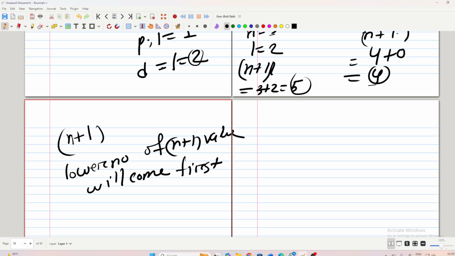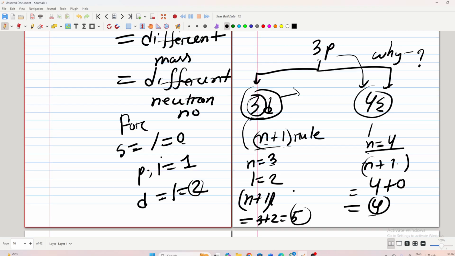What did I just say? The lower n plus l value will come first. So after 3p, why is 4s taken? Because its n plus l value is lower, and 3d's n plus l value is higher.